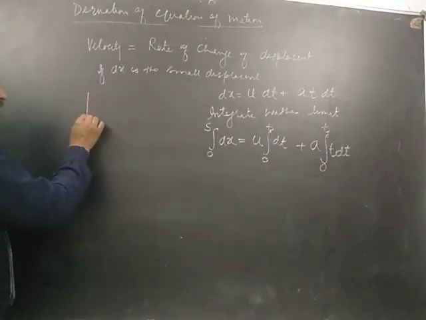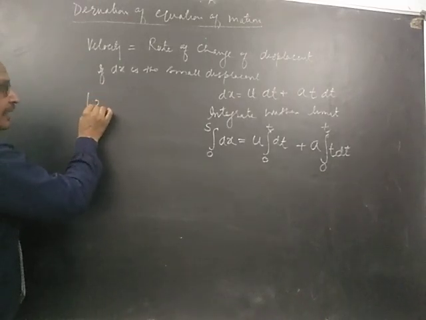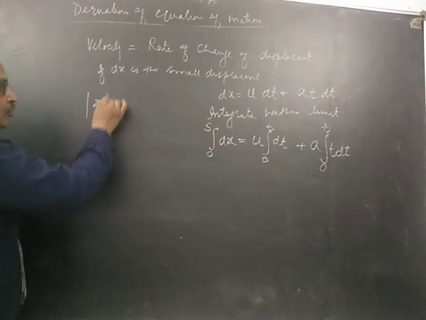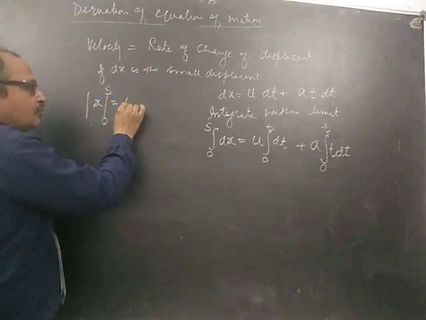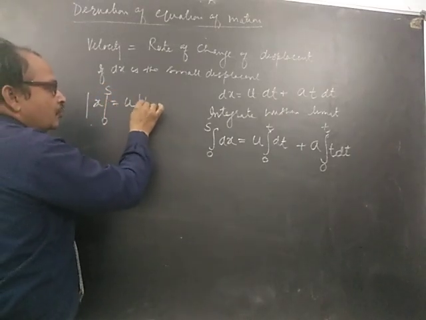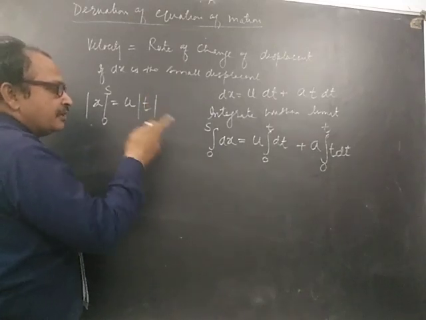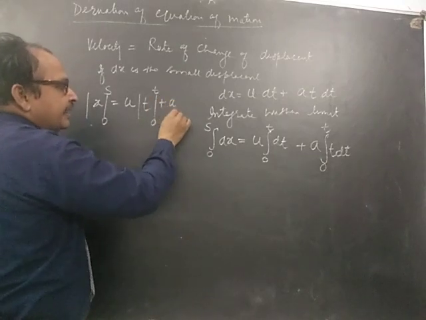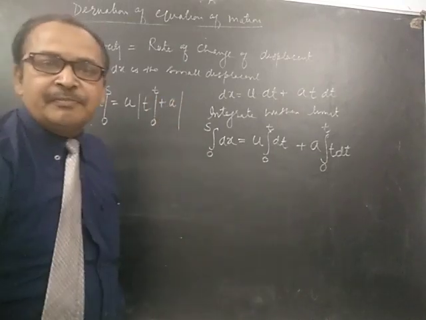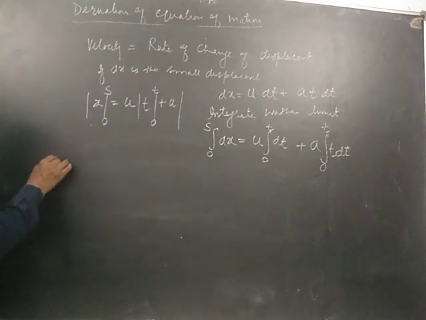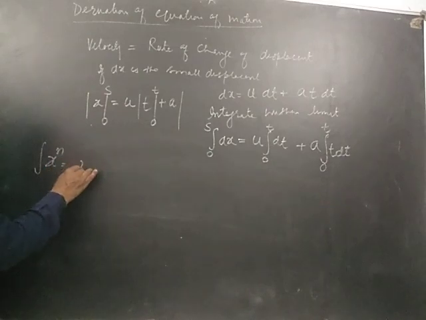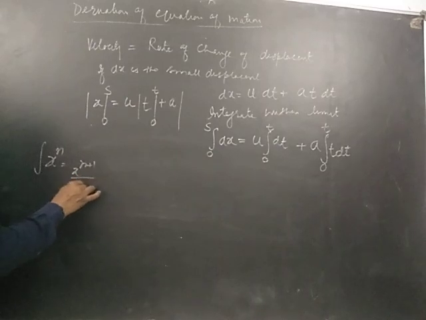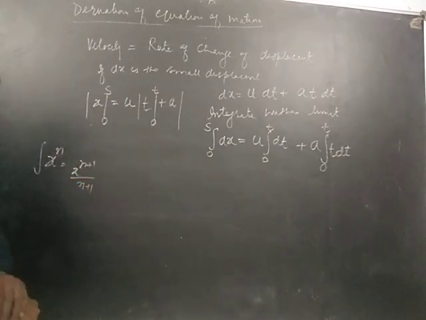So when you write the integration of dx, you write x from 0 to s is equal to u into the integration of dt, which is t from 0 to t, plus a and integration of t. I have told you that the integration of x raised to the power n is x raised to the power n plus 1 over n plus 1.